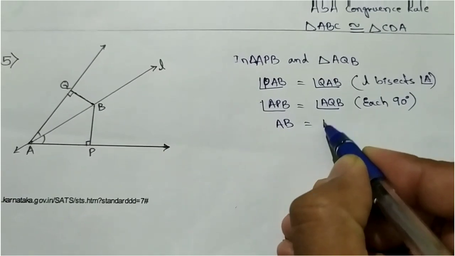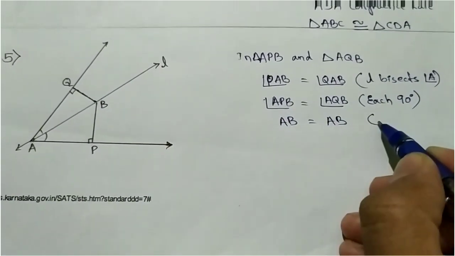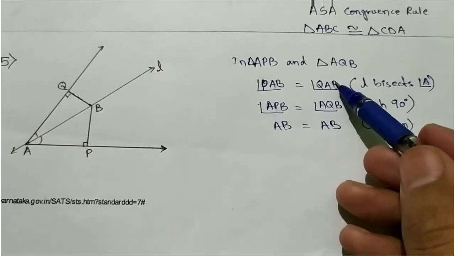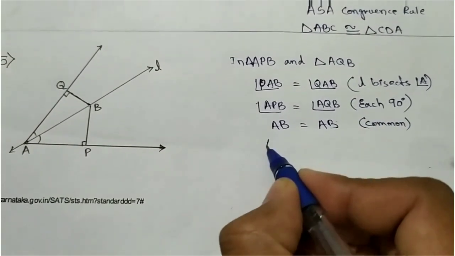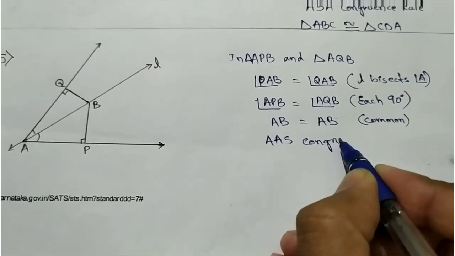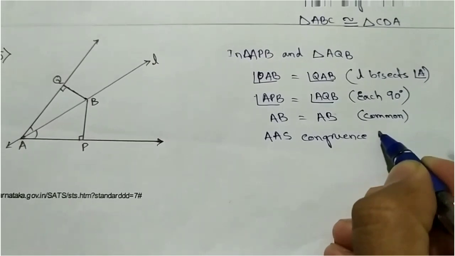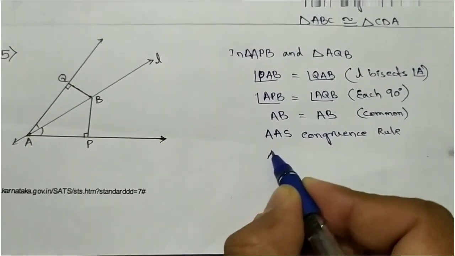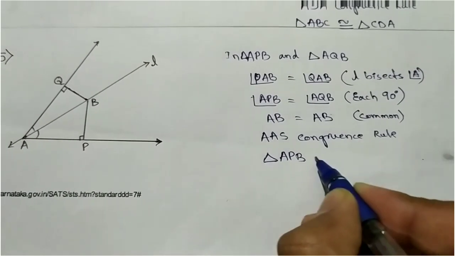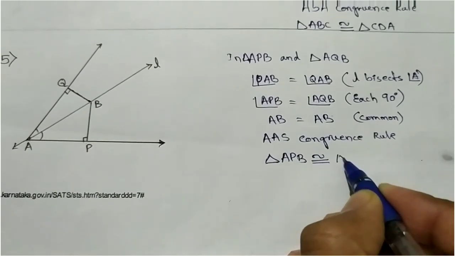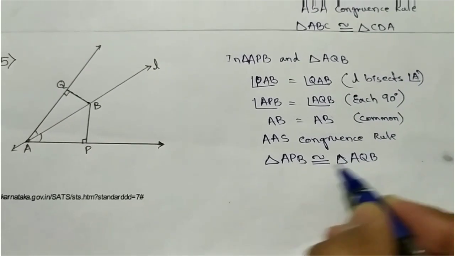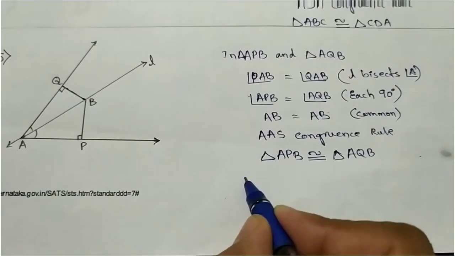AB equal to AB. Okay, so angle, side, angle congruence rule: triangle APB is congruent to triangle AQB. Okay, so the first one has the answer.